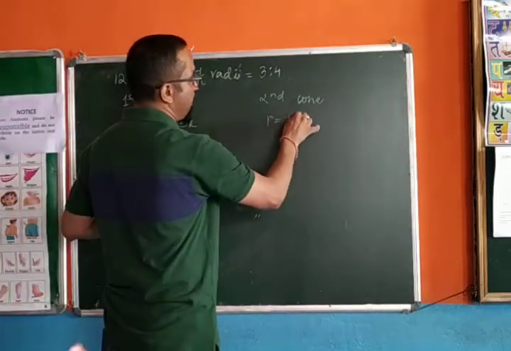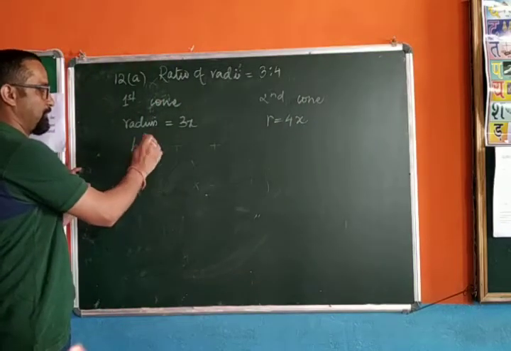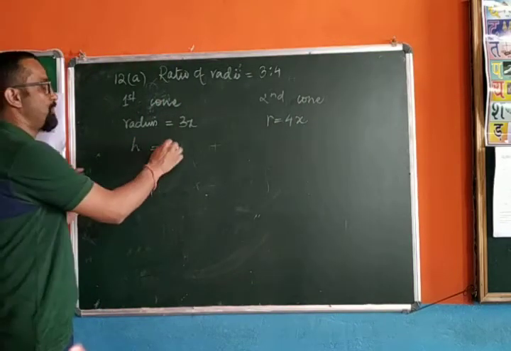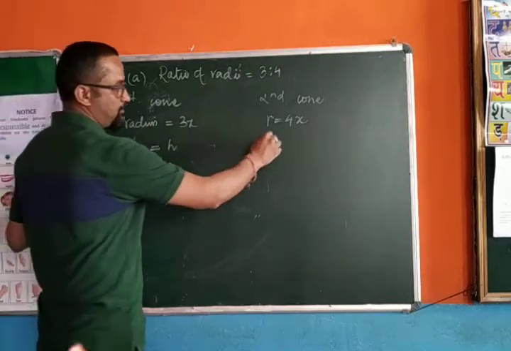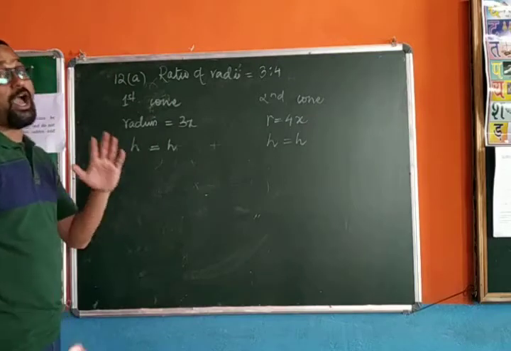Radius of the second one is 4x. Height is the same, so we take it as h. They have the same height.